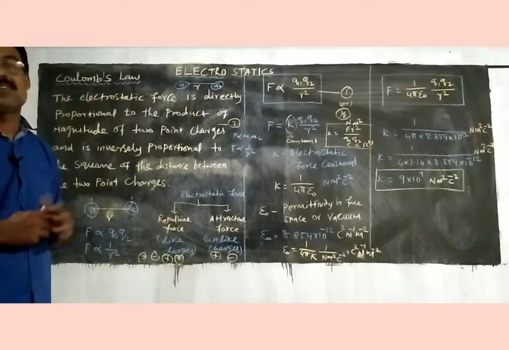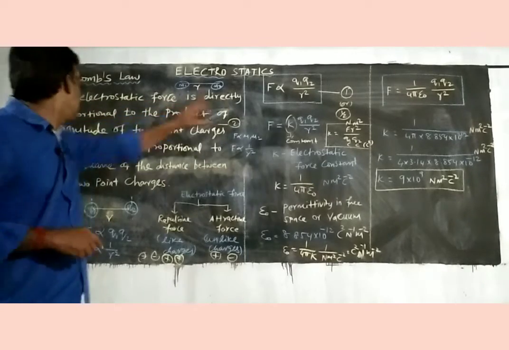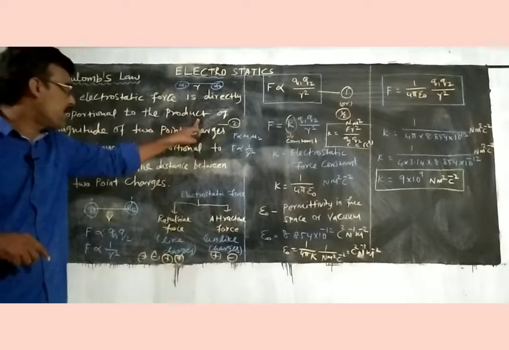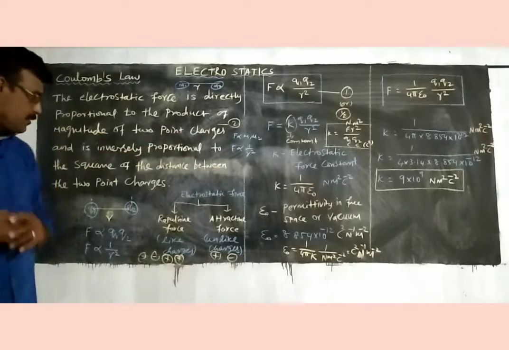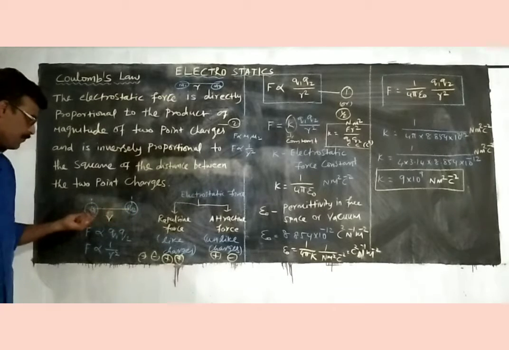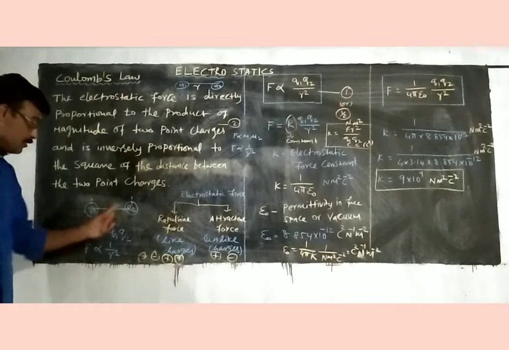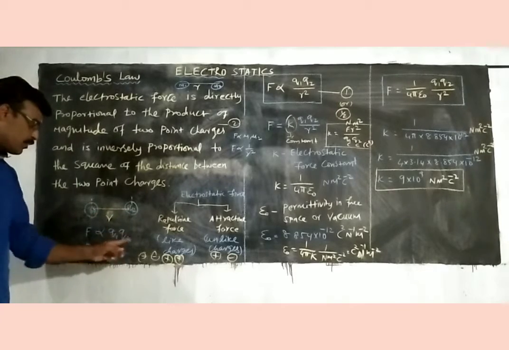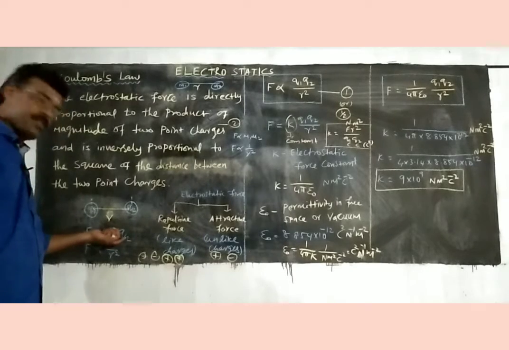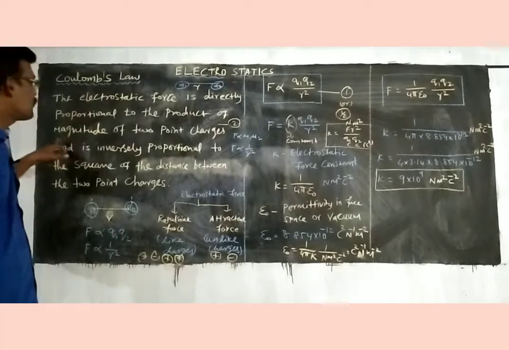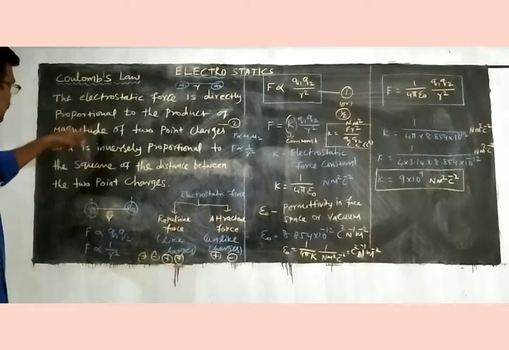So what does this law say? The electrostatic force is directly proportional to the product of the magnitudes of two point charges. There are two charges, and the force between them is directly proportional to the product of the two charges, Q1 Q2. We have multiplied the two. So, the product of two charges. Okay, see what the next line says.